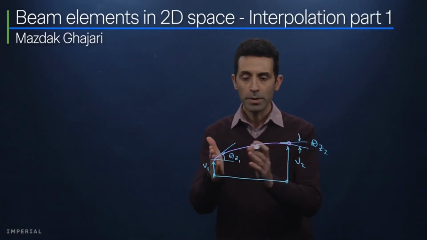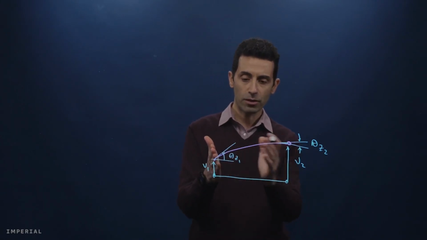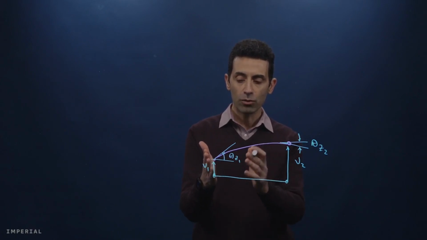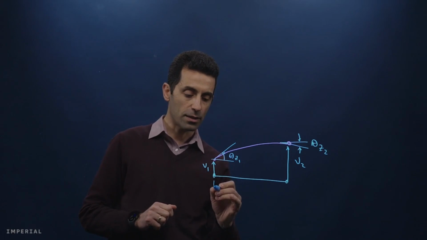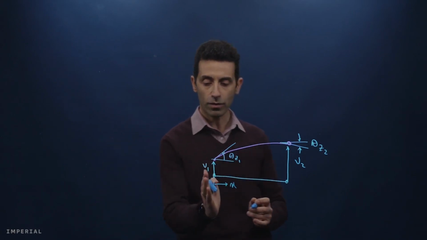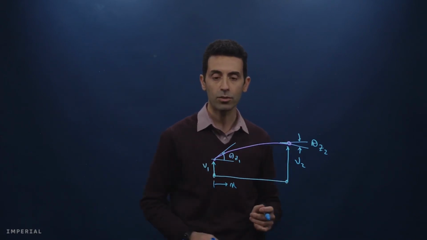Okay, so in beam elements, the distribution of the vertical displacement across the length of the element is assumed to have a cubic relationship with the distance. Let's call this distance x, starting from V1 and going to V2, like x1 to x2.